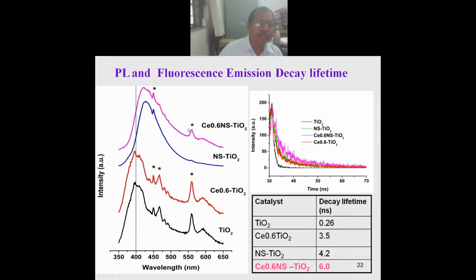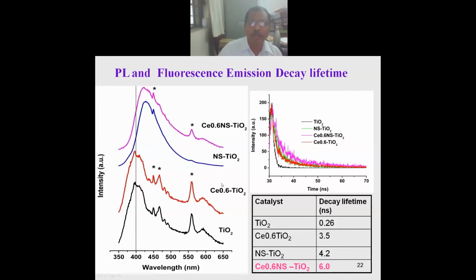This is the intensity. We cannot conclude the lifetime based on the intensity because of the nature of the powder. Basically, PL spectra intensity depends on the powder sample, and this is the lifetime of a sample. And this is ceria doped 0.6% nitrogen sulfur TiO2. It shows the maximum lifetime.